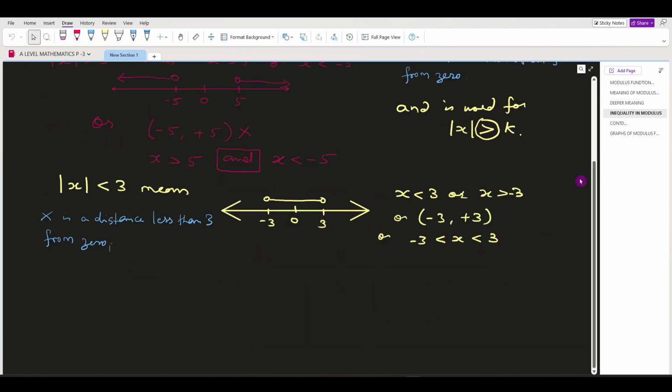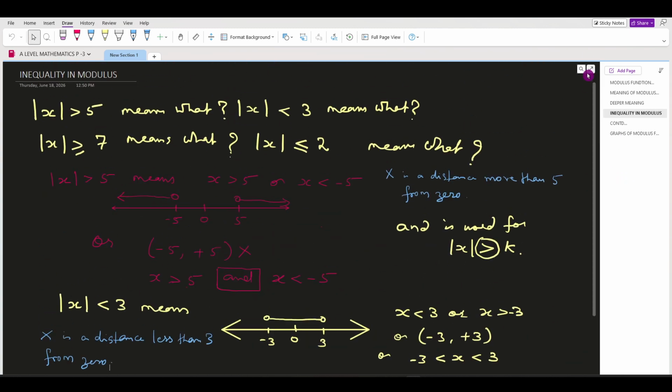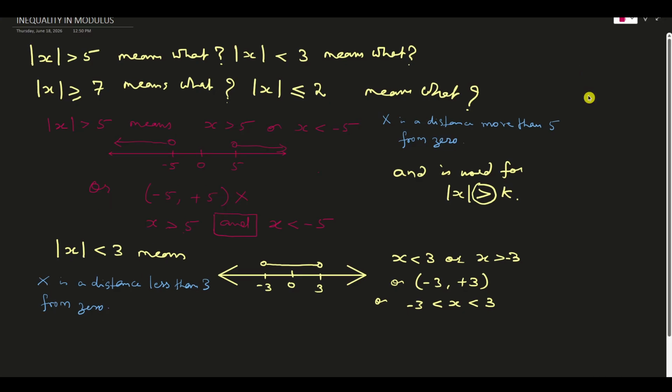Okay. Now here in this slide, so far I was talking about modulus of x equal to 5, modulus of x equal to k. Now let us go into inequality. The topic is inequality in modulus.